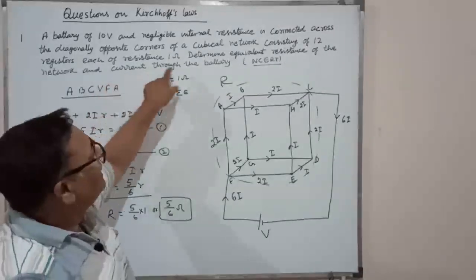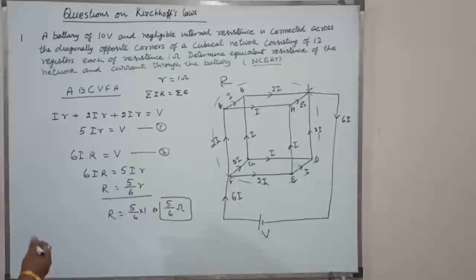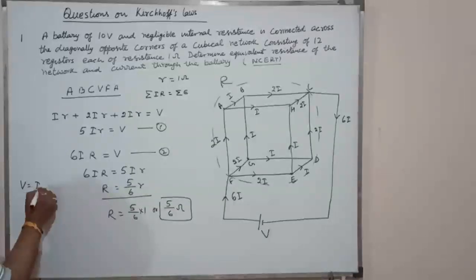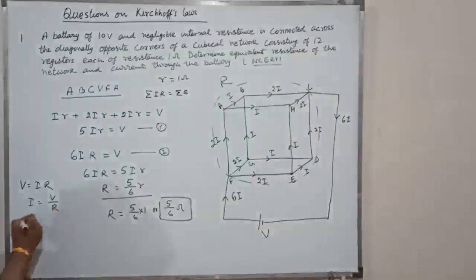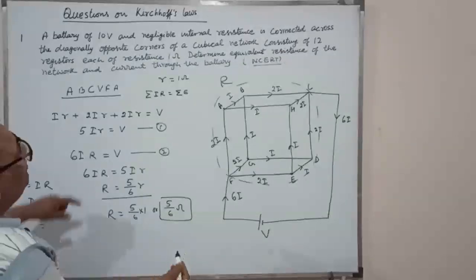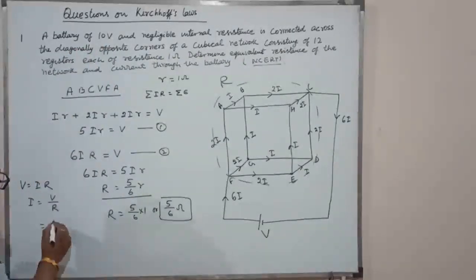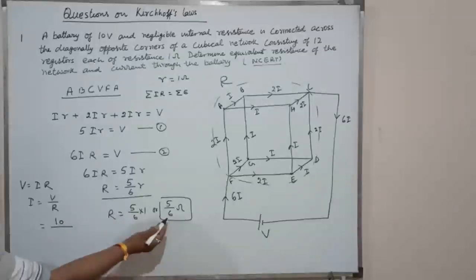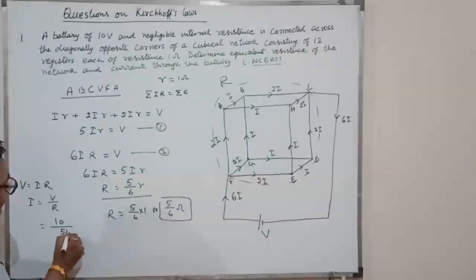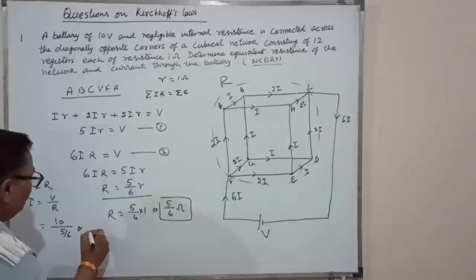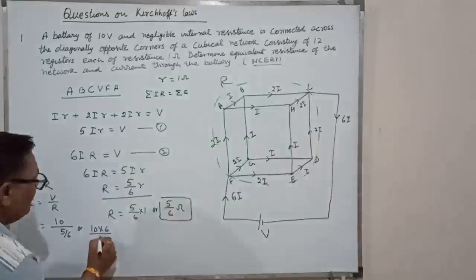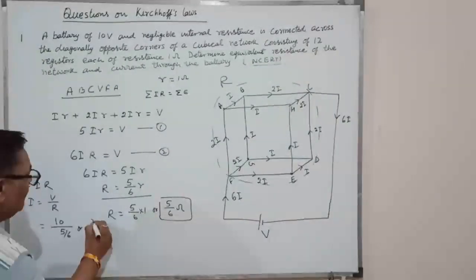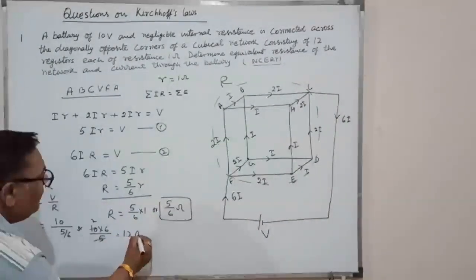And second, the current through the battery. According to Ohm's law, V is equal to IR, or I is equal to V upon R. V, the battery, is 10 volt. 10 upon R, this is 5 by 6, or 10 into 6 upon 5, this is 12 ampere.